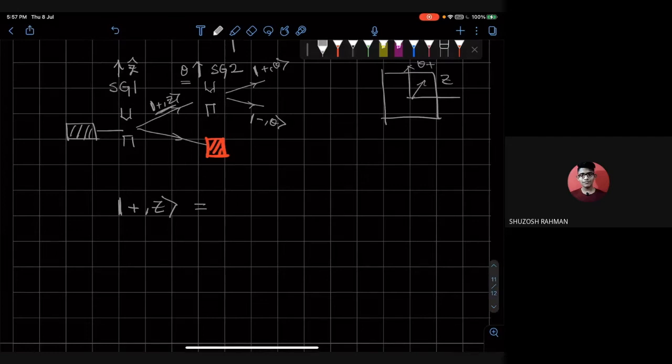This state is going to be related to the plus theta and minus theta states through cosine theta by 2 plus theta minus i sine theta by 2 minus theta. Do you agree?